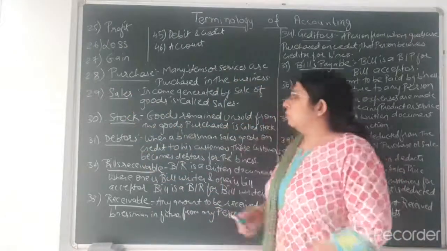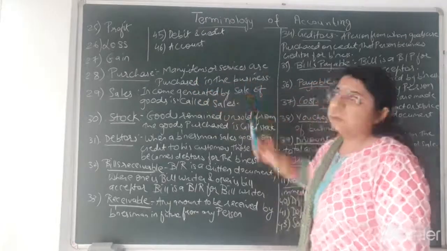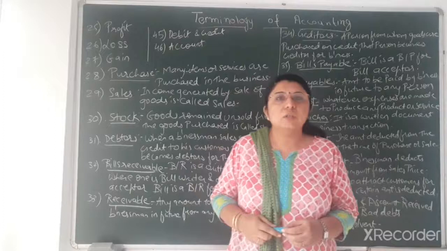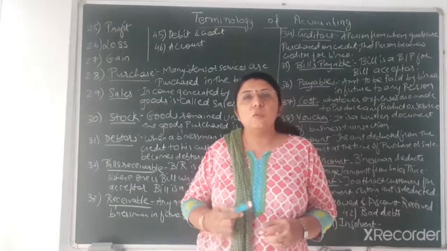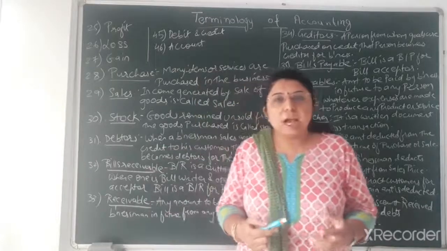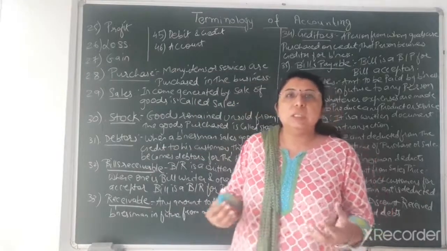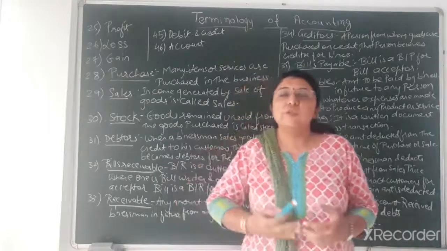Now what is purchase? Many items or services are purchased in the business. Now to manufacture the goods, the businessman or the firm or the company requires certain kinds of raw material. So that raw material or the workers are required for the manufacturing of the goods.